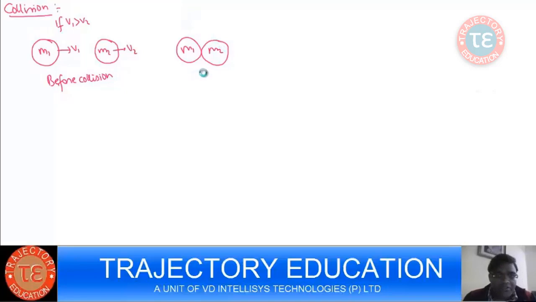When it hits m2, then m2 exerts a force on m1 and m1 exerts a force on m2. I'll show the diagram over here. This is a reaction, an impulsive force. m2 exerts an impulsive force N on m1, and m1 exerts a force N on m2.